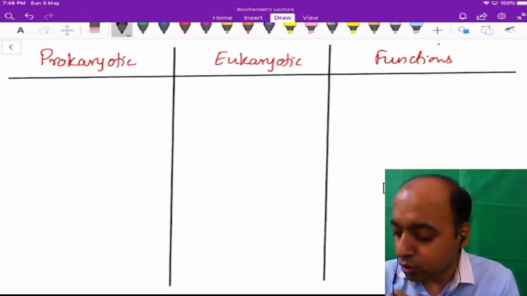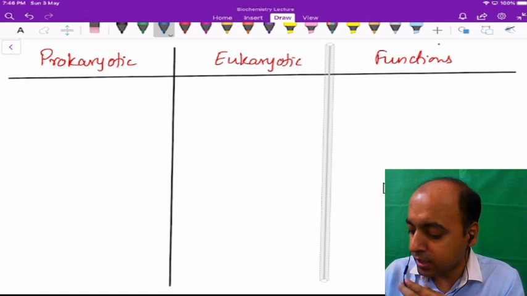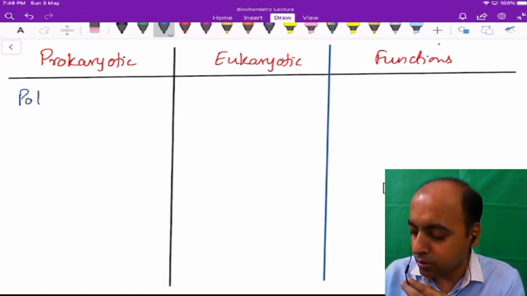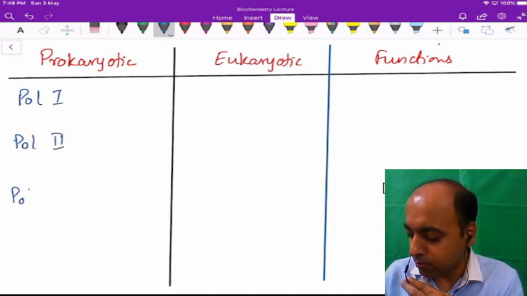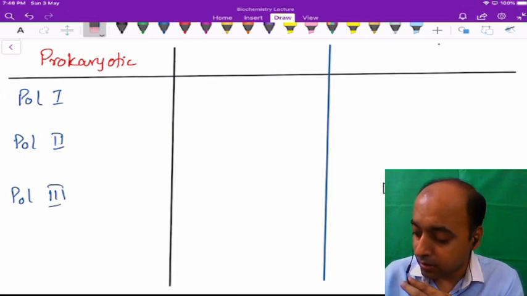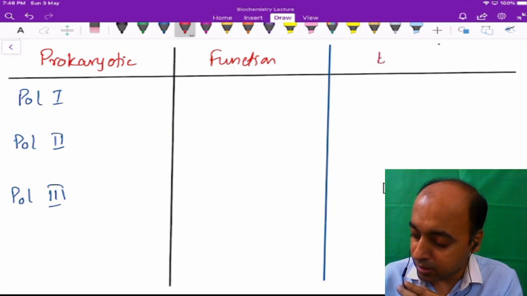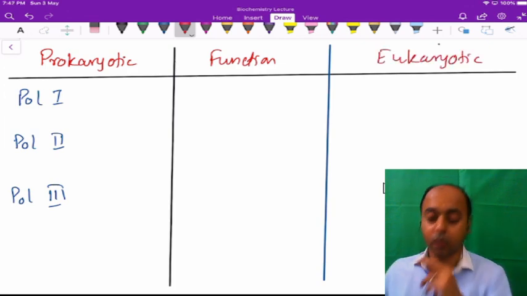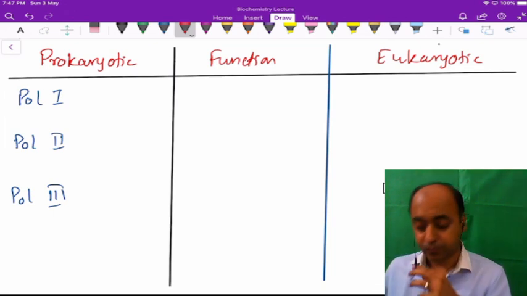Remember, in the prokaryotes we had polymerase 1, polymerase 2, and polymerase 3. What I'll do is I'll replace the headings. Rather, I'll make this the function column, and I'll make this the eukaryotic column. So it will be simpler for us to compare.